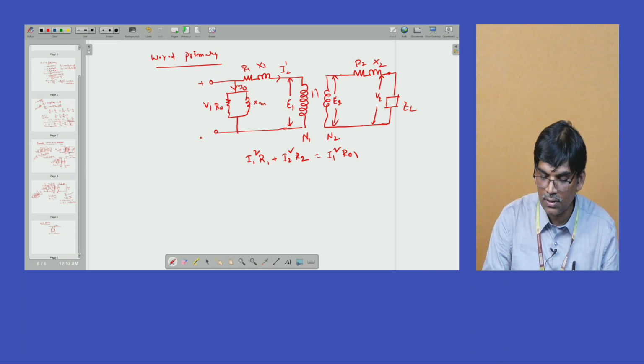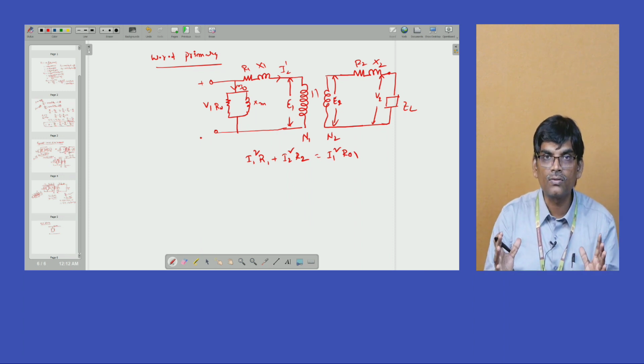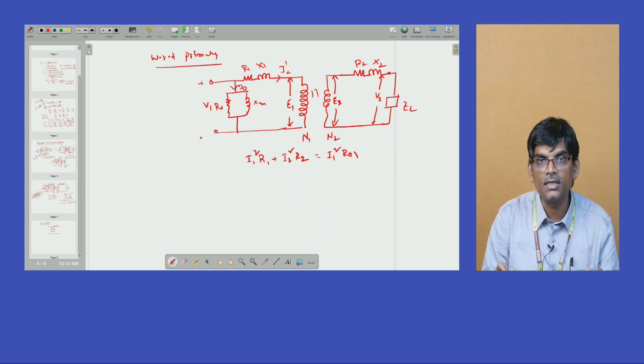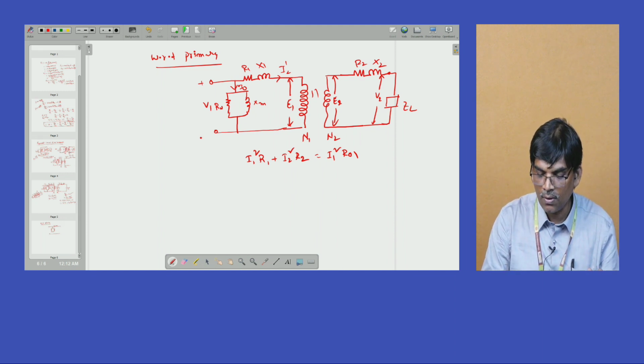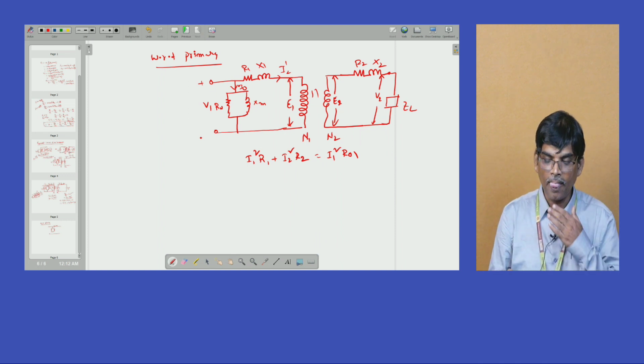Here R01 is the overall winding loss component of the entire transformer.